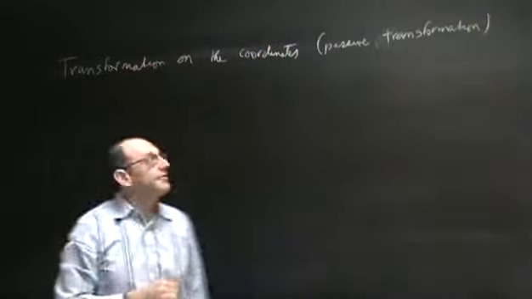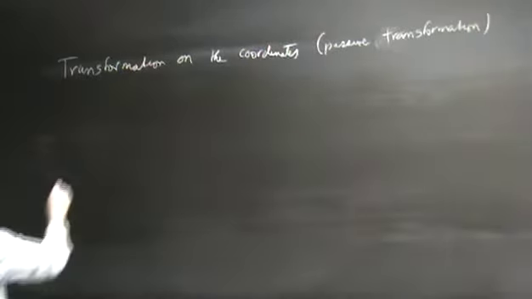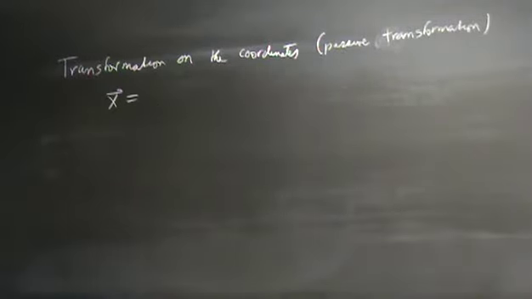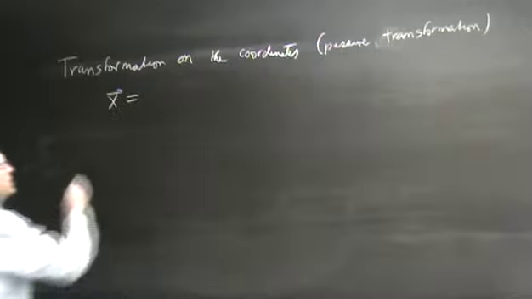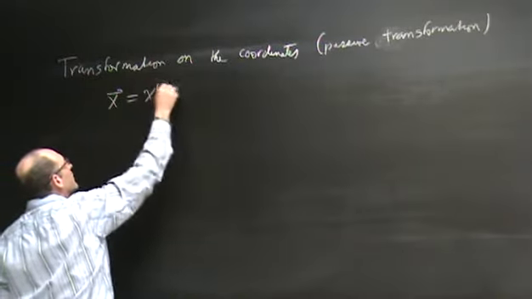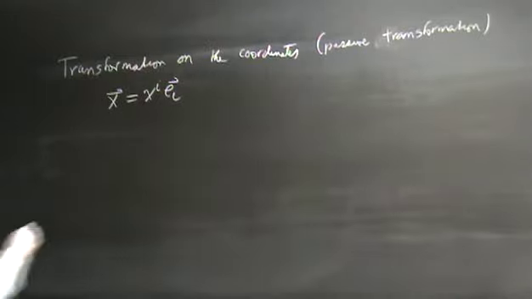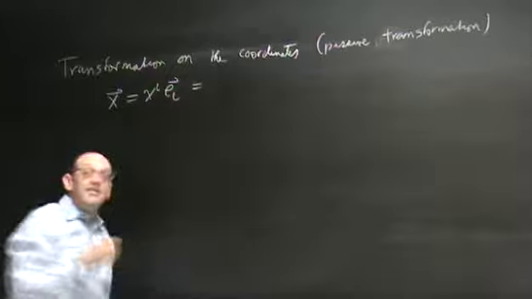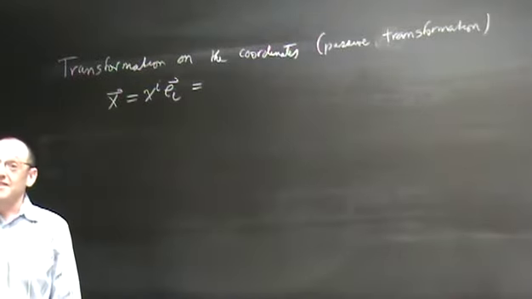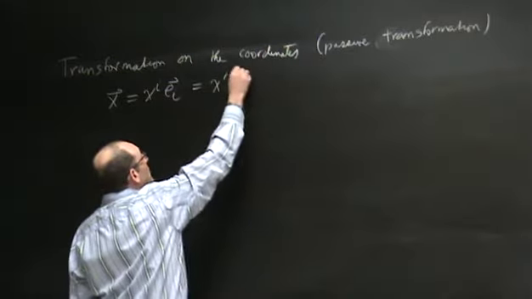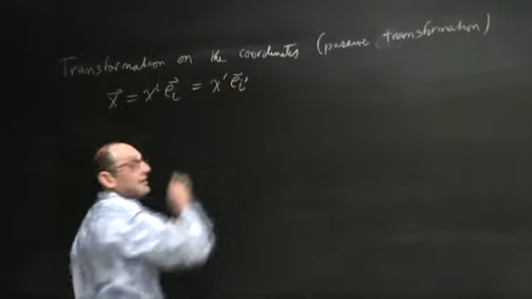What I mean by this is, suppose I have some point in space, which can be decomposed in terms of some basis, so it has some coordinates. It's the same vector, but it has a different representation. In other words, it has coordinates with respect to the new basis vectors.